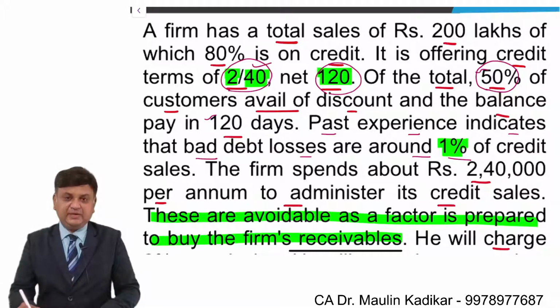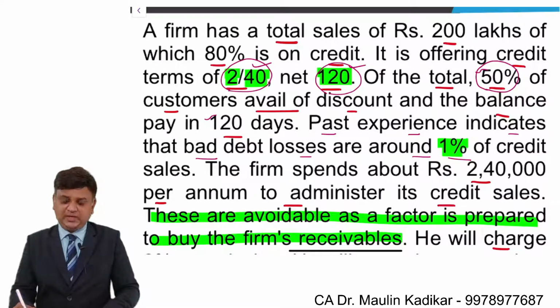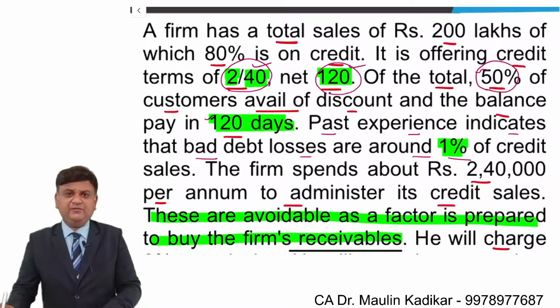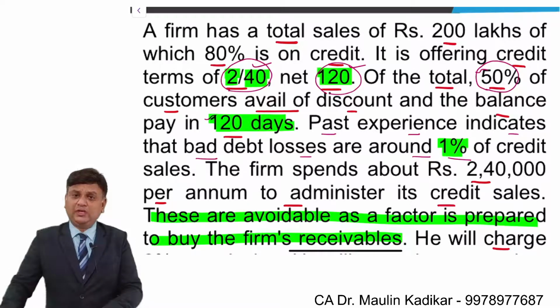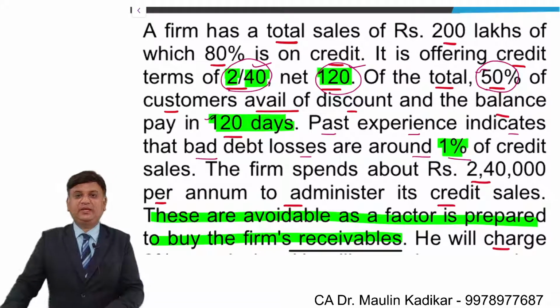It means that they are making payment in 40 days, and the remaining 50% customers are making payment in 120 days. Even if this specification would not have been made, we will always assume that the remaining customers are making payment in due time unless we have been told that they delay the payment.